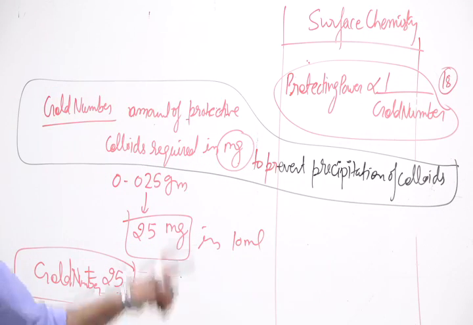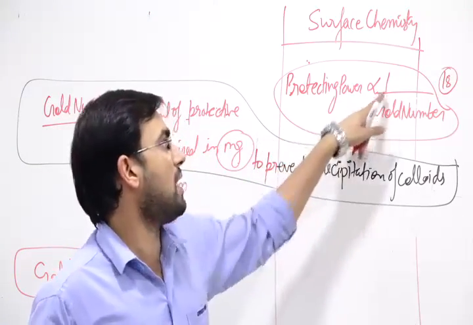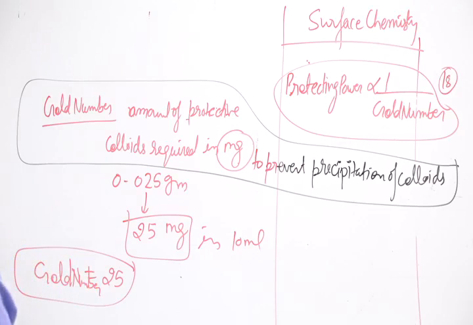So if you require less amount, its protective power is more. That's why protecting power is inversely proportional to gold number.